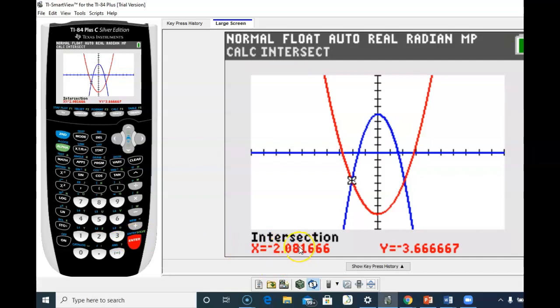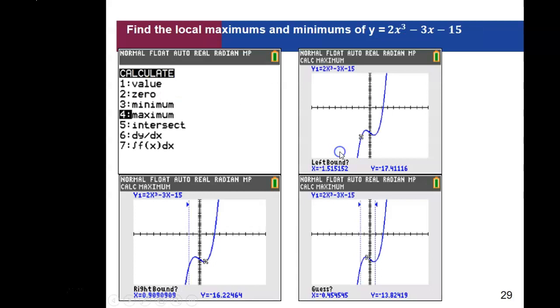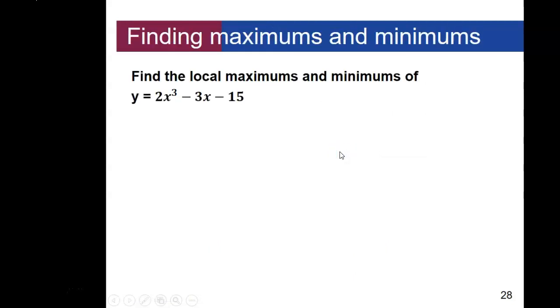There's some decimals associated with that. And if we do this process again, we'll find that this is actually the positive with the same number here. And so the interval where the blue graph is greater than the red graph is going to be the interval from -2.08 to +2.08.